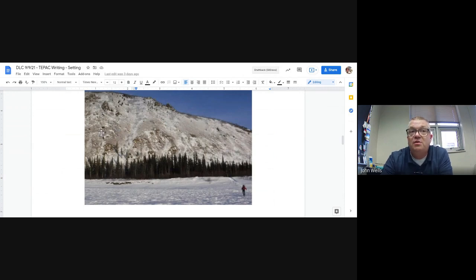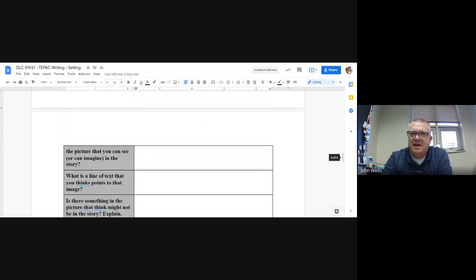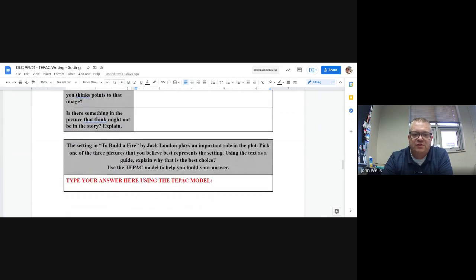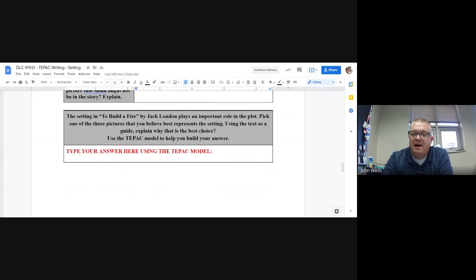Even though this is in the Yukon, this picture was taken in the Arctic Yukon, it may not be in the part that the story took place. And so all three of these pictures have something wrong with them. There is something in each of these three pictures that I'm not going to say is wrong, but isn't directly supported with the text. And then you're going to write your TPACK, your constructed response in the TPACK model down here.